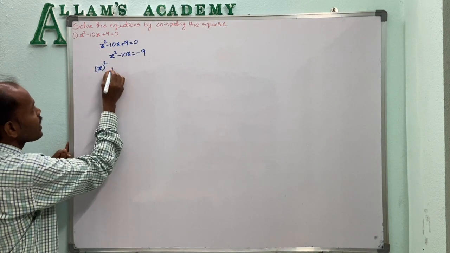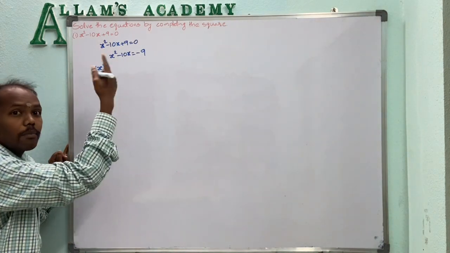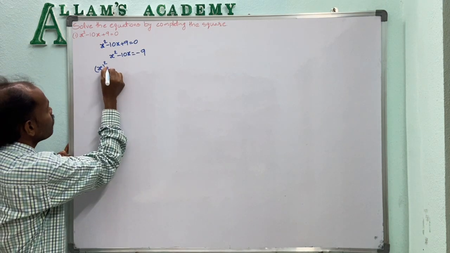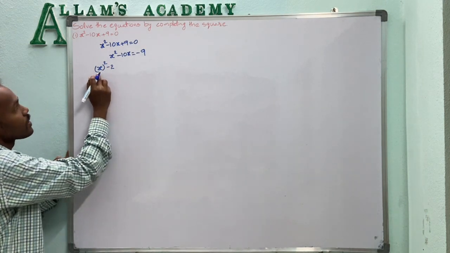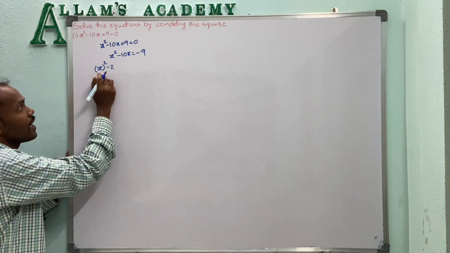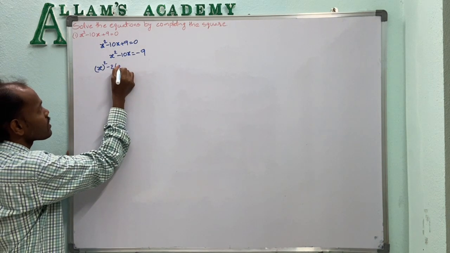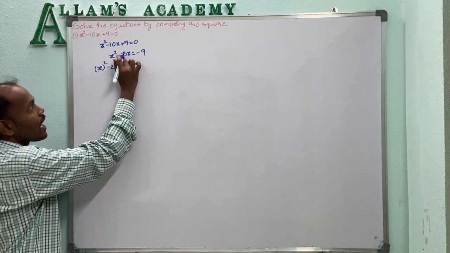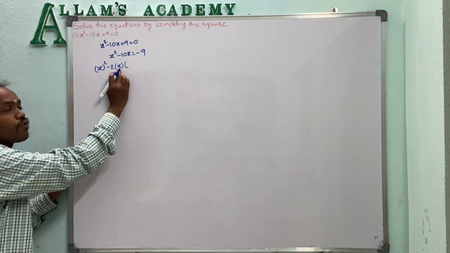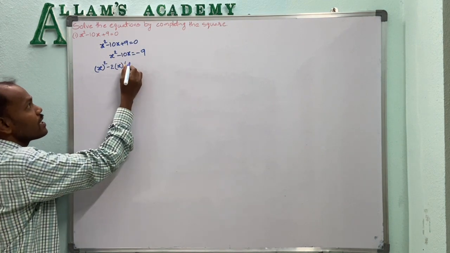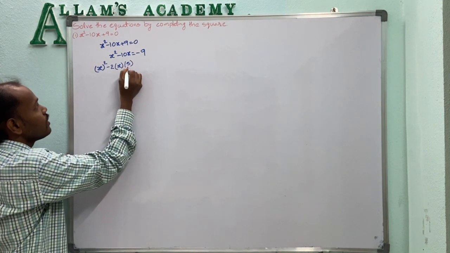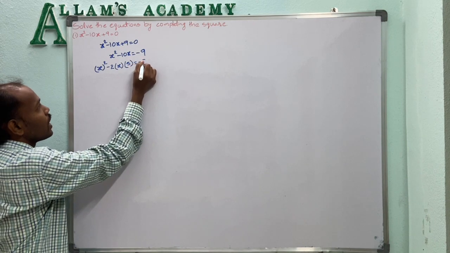This minus 10x can be written as the 2ab term, so 2 into x, where the a value is x. Here we are given 10x, so 2x multiplied by 5 gives 10x.